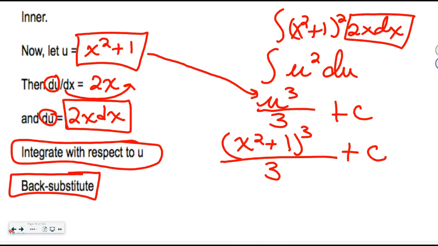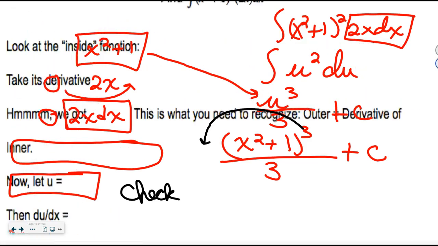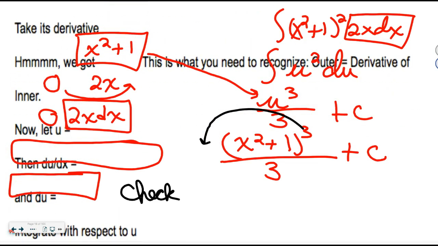Now, if I had to, how could I check it just to make sure? Like if I said, you better check that, this is our first one. What should happen to my antiderivative if I derive it? It should be equal to the original thing. Let's go try it. Now watch the rule I apply when I take the derivative. I bring the 3 out front, right? It's going to cancel with what's on the denominator.